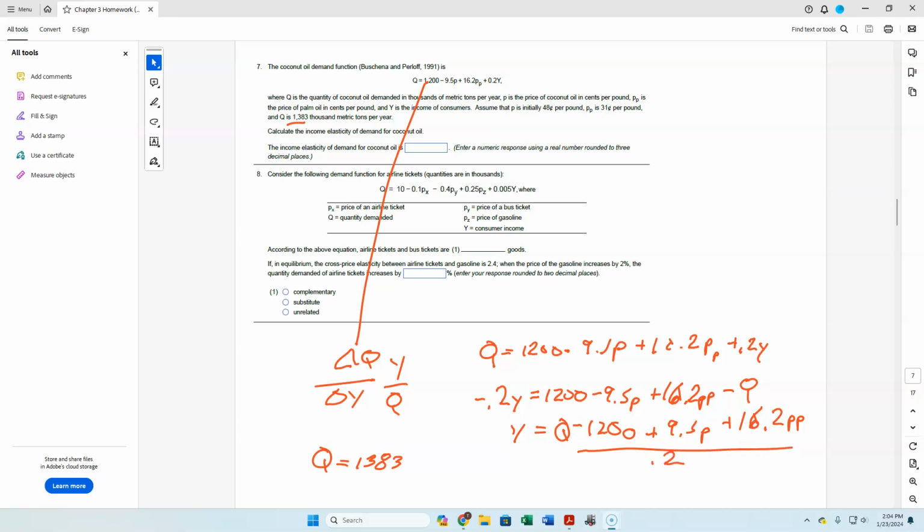Again, I just moved my negative to the numerator instead. Now what I can do is substitute in my P, which in my case here is 48 cents a pound, and then my PP, which would be 31 cents a pound. I'd suggest just putting in like 0.48 to stand for 48 cents, and 0.31.